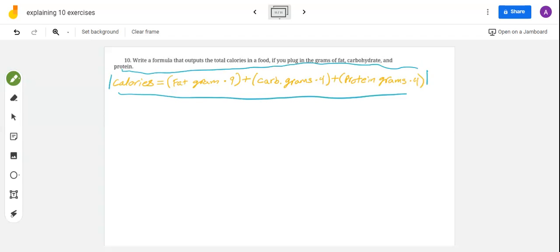Calories equals fat grams times 9 plus carb grams times 4 plus protein grams times 4. That is literally the entire answer for number 10, because it was asking for the formula. So there's your formula. There you are. Right there.